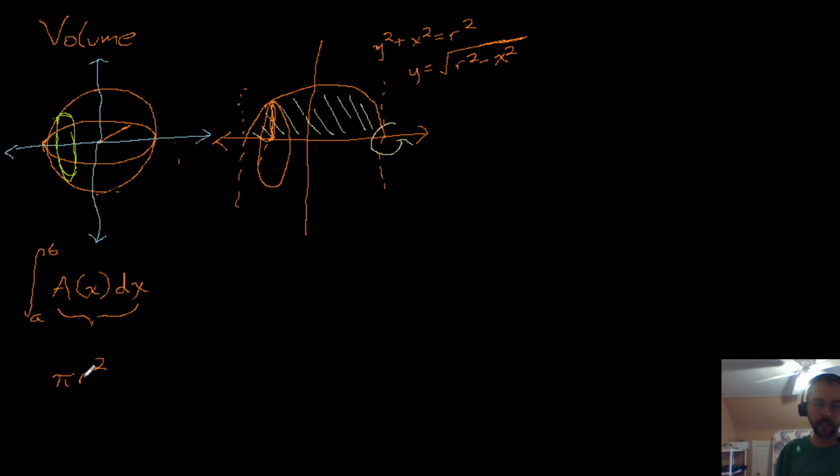So we have area equals pi r squared, and in this case, as I showed visually, r is going to be the height of the line at this point on the curve. Well, height is just the y value. This is the y value at every point on this curve. So what we actually have is pi y squared, or pi f of x squared, and y equals the square root of r squared minus x squared.